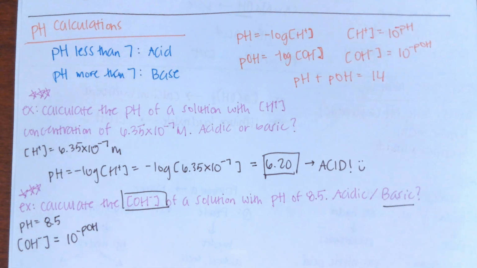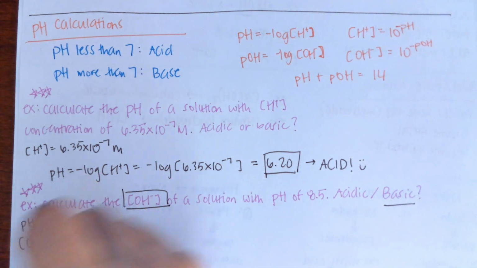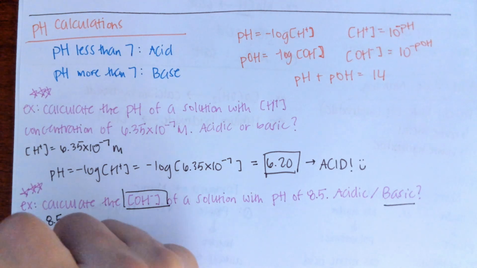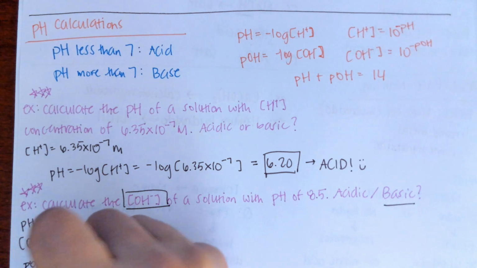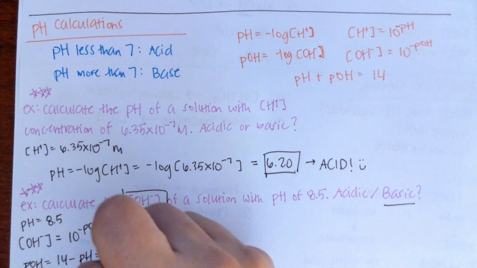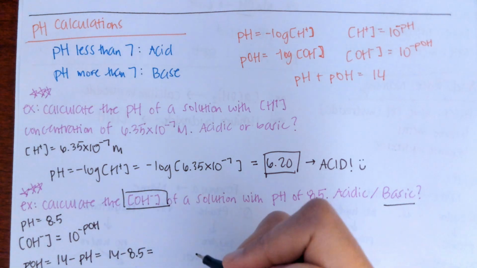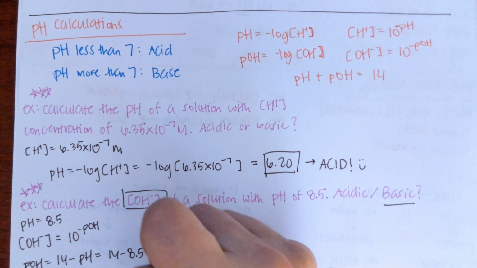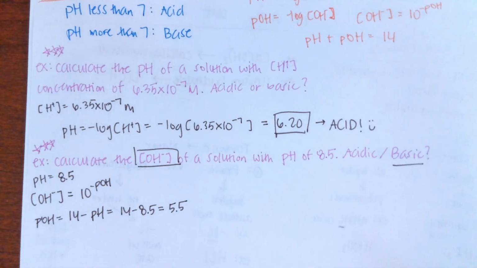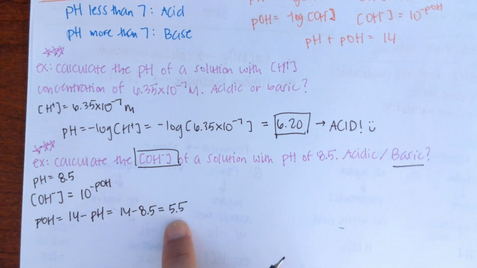I can find pOH by subtracting from 14. So I need to find pOH first. So pOH equals 14 minus pH. So 14 minus 8.5, which equals 5.5. And now you can plug this in to find your OH concentration.